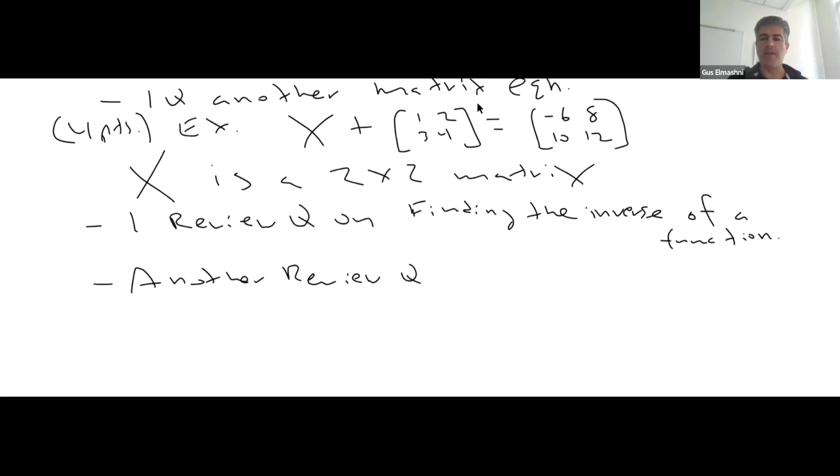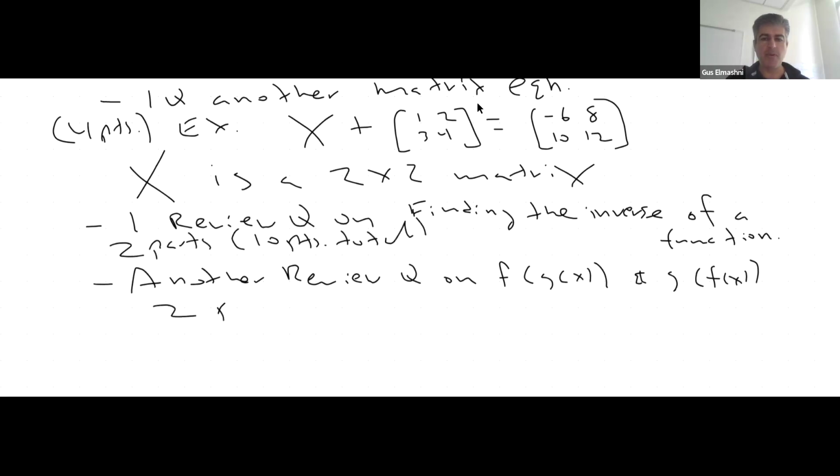Another review question on f of g of x, g of f of x. Is that going to involve fractions? Yes. And just the point values: this will be 2 parts worth 10 points total, and that will be 2 parts worth 6 points total.